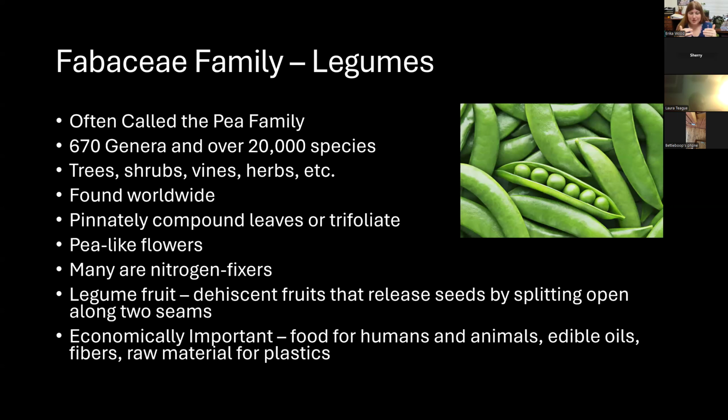To give you a summarized version, a lot of the roots of this plant family have these nodules on them. And these nodules are actually created by bacteria. And so what's happening is it's kind of a mutual relationship a little bit, where the plants are supplying the bacteria with the different nutrients and energy that they need to survive.